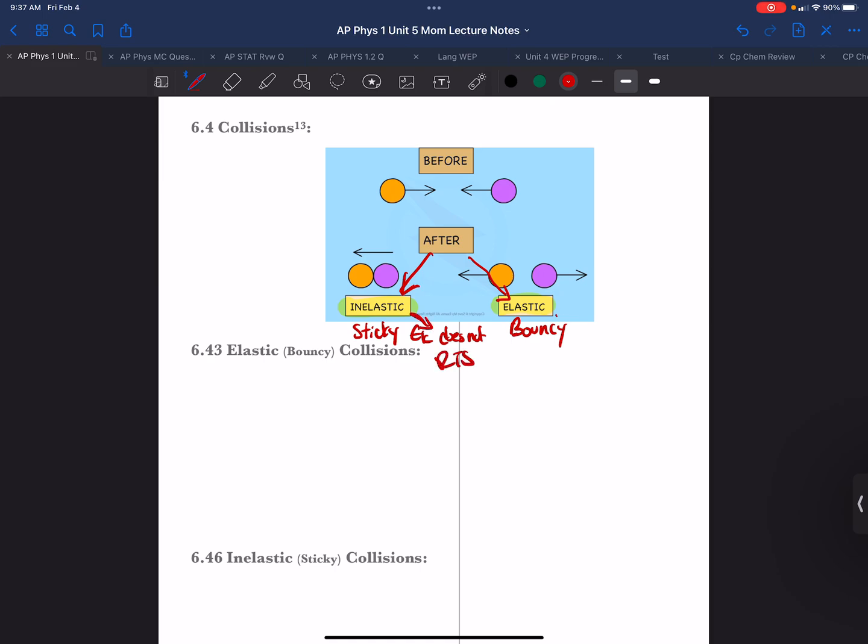In elastic collisions, the kinetic energy does remain the same. So whenever we have a sticky collision, we would expect that the kinetic energy will not be the same before and after. In the case where they bounce, we would expect that kinetic energy would be the same before and after the collision.